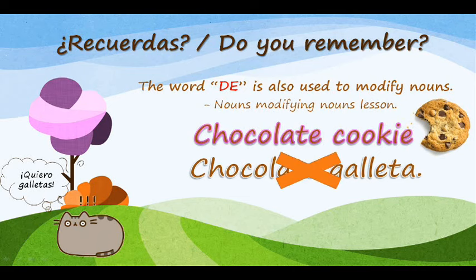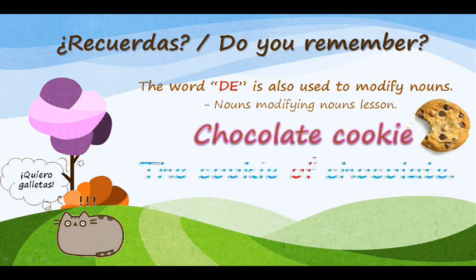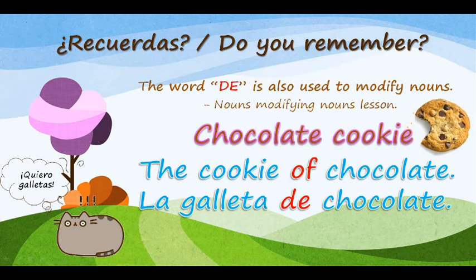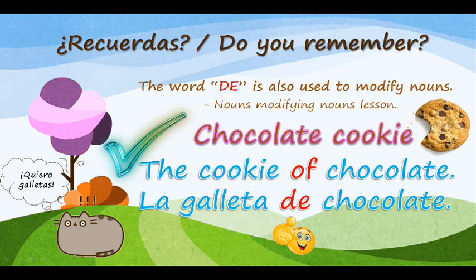No es correcto. Instead, you're going to end up saying the cookie of chocolate, la galleta de chocolate, and that is correcto. So make sure you remember that as well and know the difference between having a noun modify a noun using de and the possession use of de.